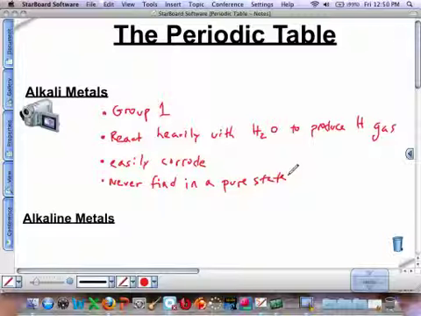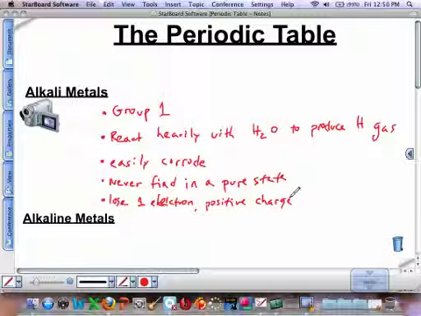The alkali metals tend to lose one electron and form ions with a single positive charge. All right, so we lose one electron and we have a positive charge. What is a common physical characteristic of these? A physical property that they all share.